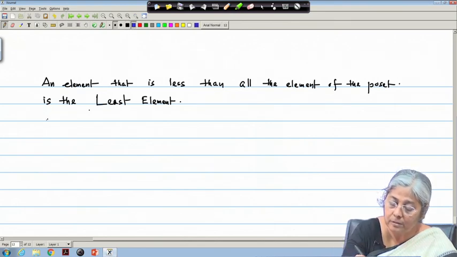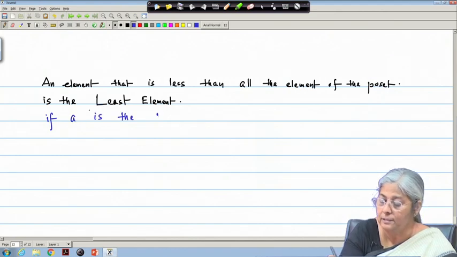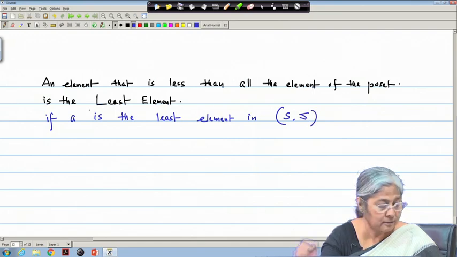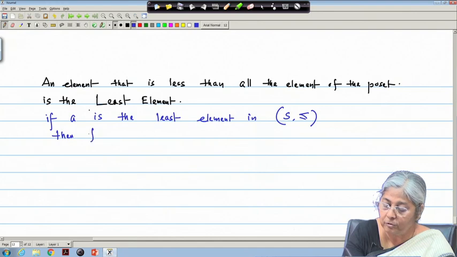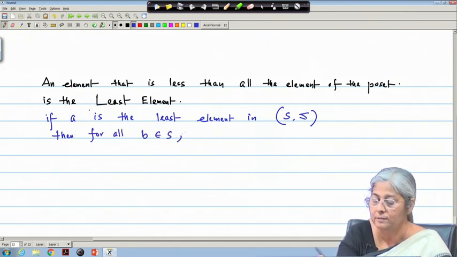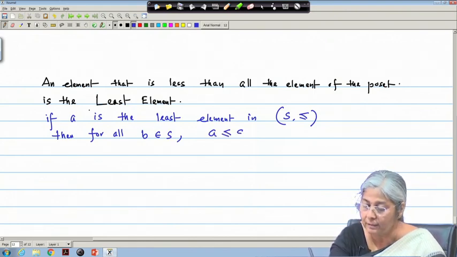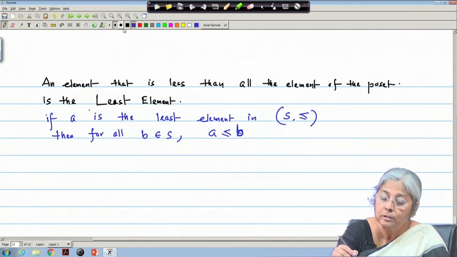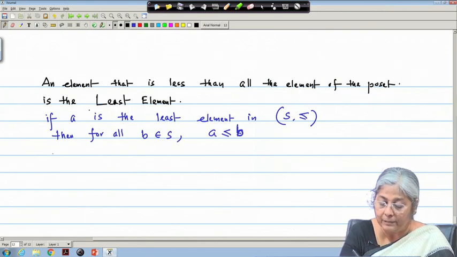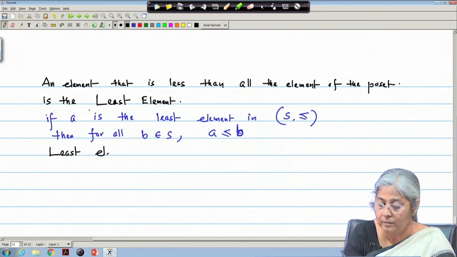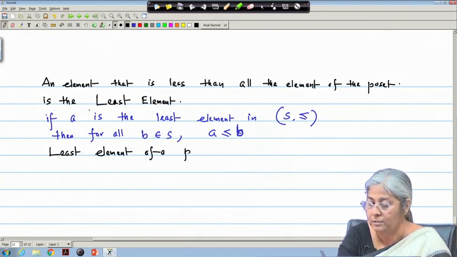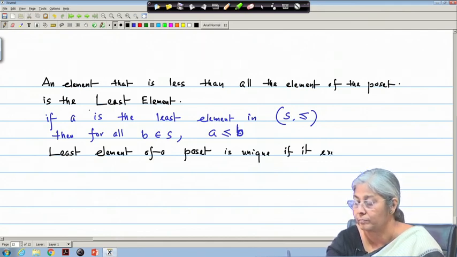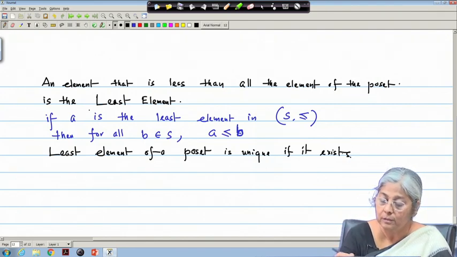So, if A is the least element in the poset S, then for all elements B belonging to S, A is less than B. And again, the least element of a poset is also unique if it exists. Okay.